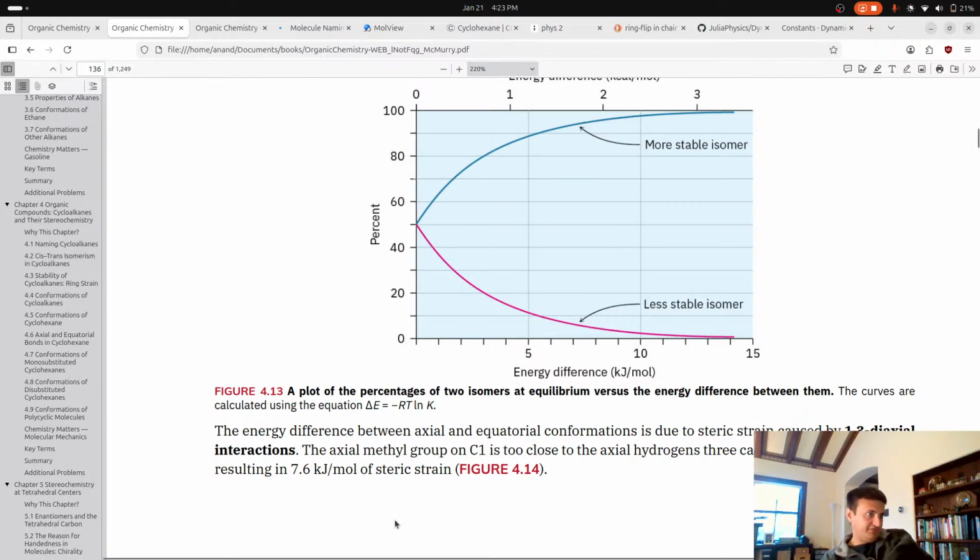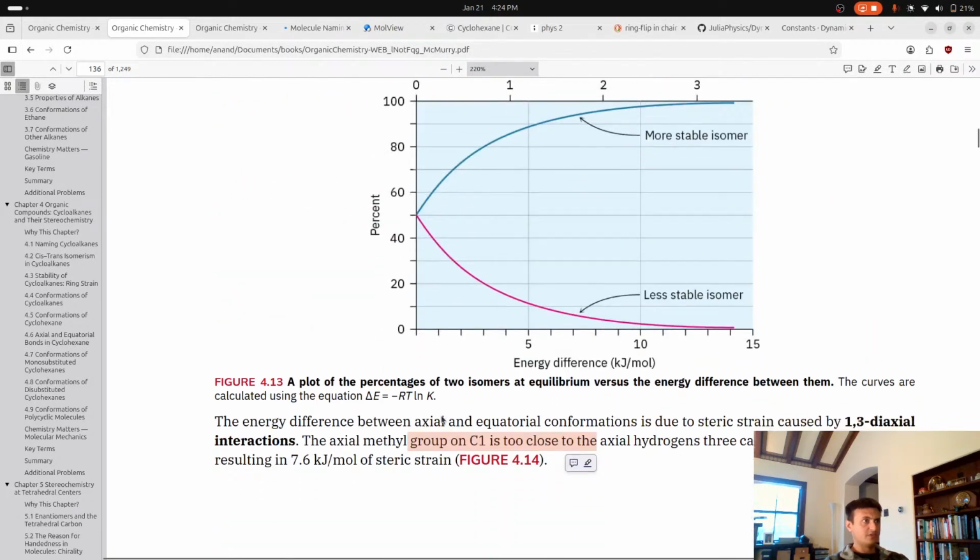The energy difference between axial and equatorial conformations is due to steric strain caused by 1,3-diaxial interactions. The axial methyl group on C1 is too close to the... What are we looking at here?